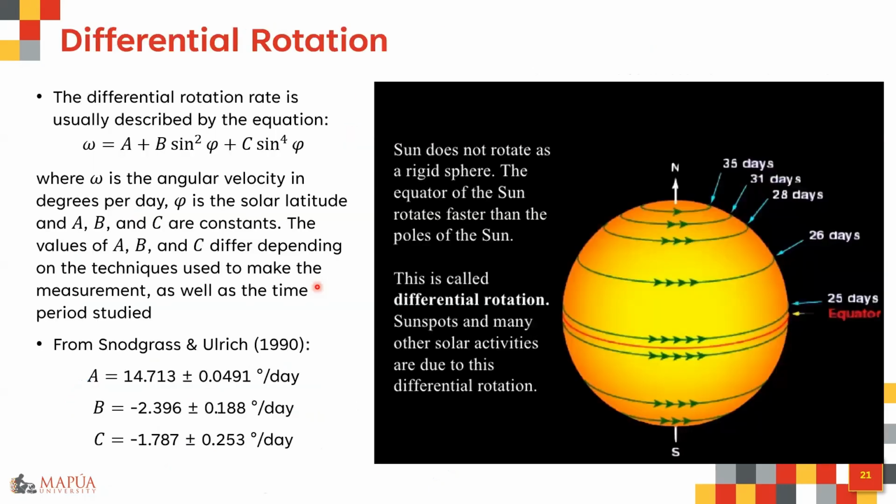Okay, just to give you a very simple description of the differential rotation, usually it is described by this equation wherein omega is the angular velocity. It's actually an empirical equation. Okay, so omega is the angular velocity, which is degrees per day. Phi is the solar latitude, and A, B, and C are constants.